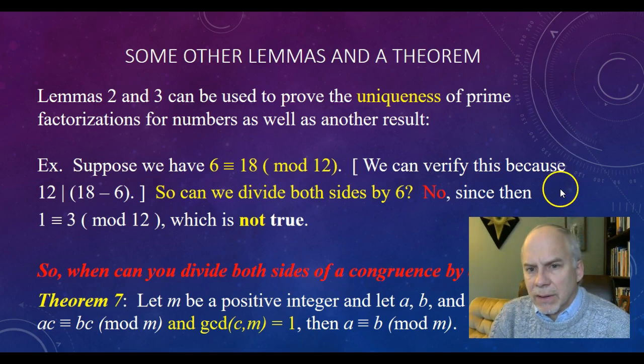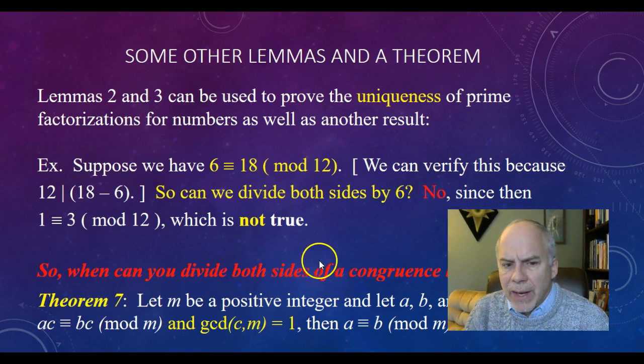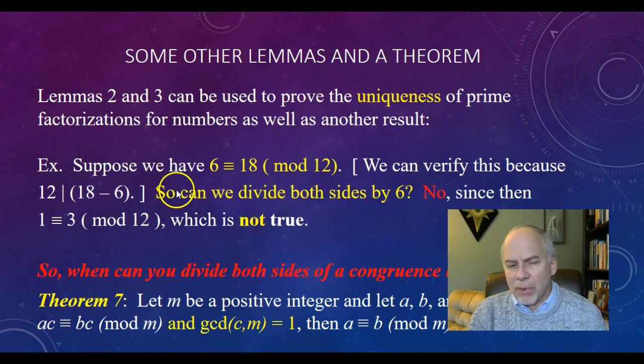Now, some other lemmas and a theorem. Lemma 2 and 3 can be used to prove the uniqueness of prime factorizations for numbers, as well as another result that we're going to look at here. Example of something that is an issue first, and then we'll look at a theorem that'll help us out with that.